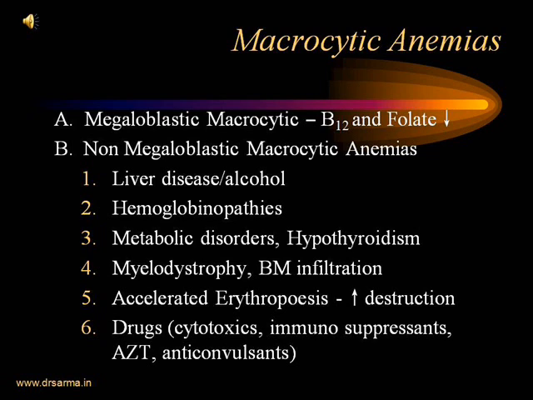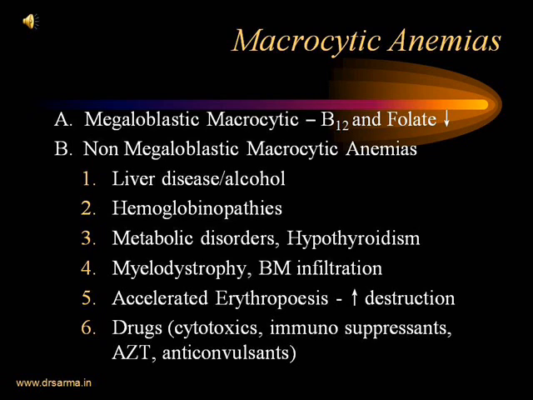What is megaloblastic macrocytic? That means the red cell size is much larger than 11 microns and the MCV is more than 100 femtoliters, and also the bone marrow shows megaloblasts. That means the precursor cells of the RBC are also much bigger. They are not normoblasts.